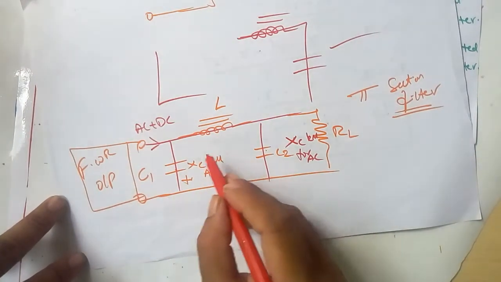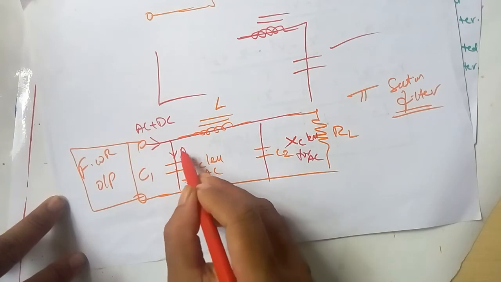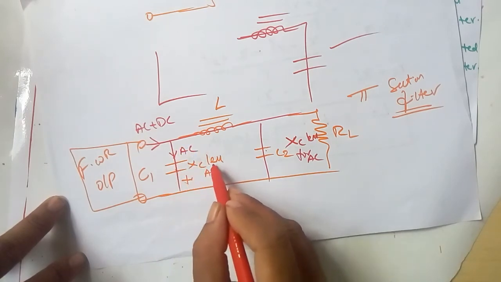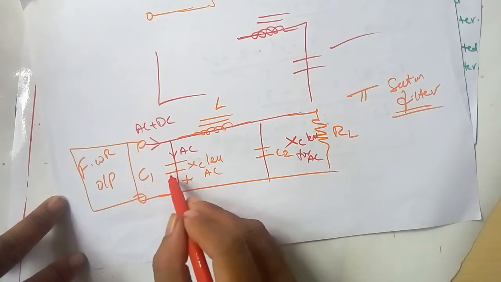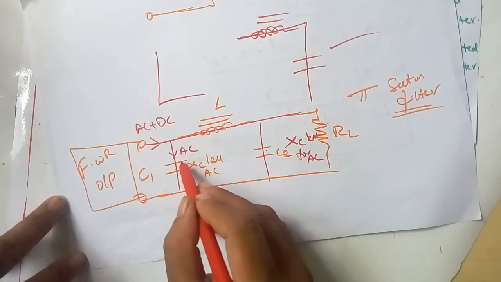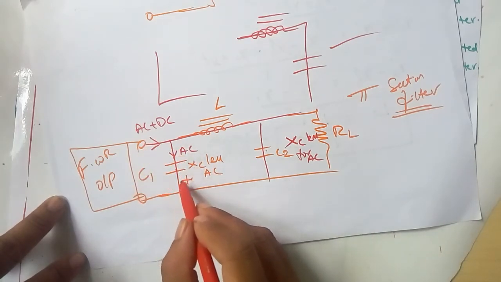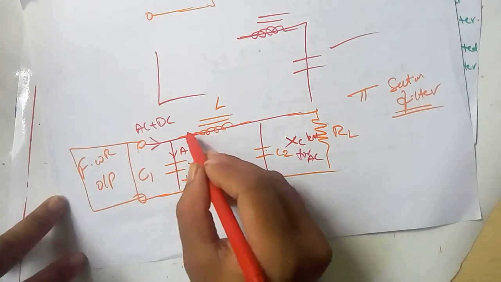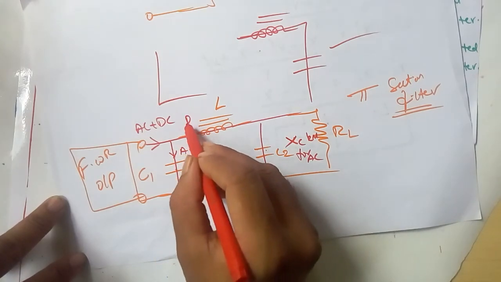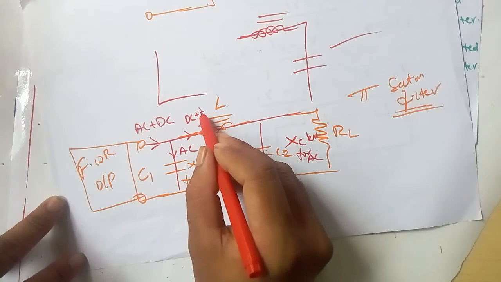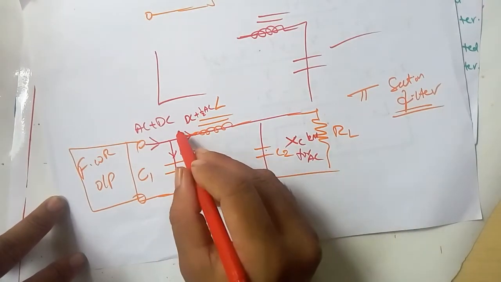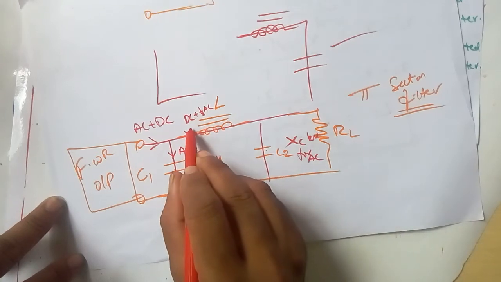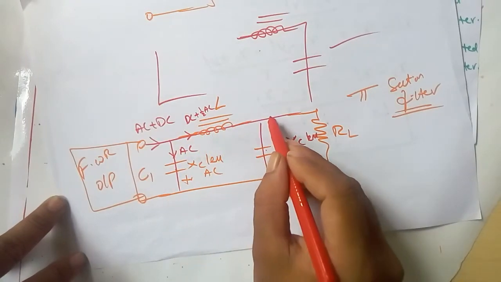In that, AC flows through the less reactance path of the first capacitor C1. So some of the AC component flows through it, and the remaining DC plus half of the AC is still here. Remember.